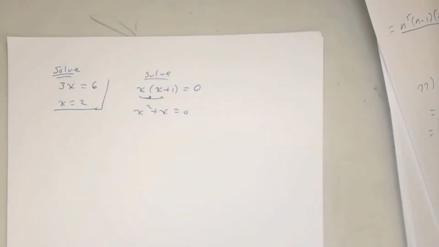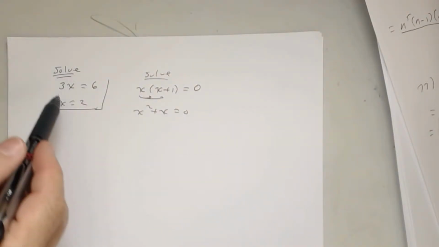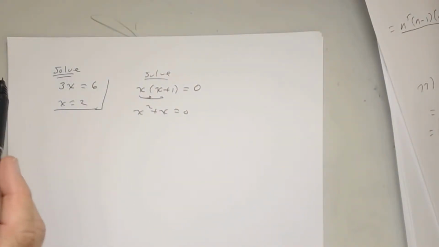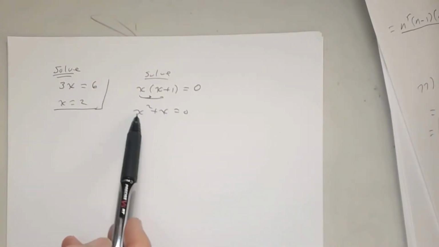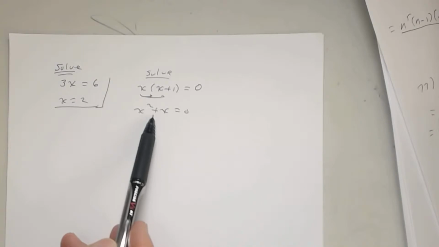And you don't know how to solve a quadratic that looks like that. All you were doing at this point was solving a linear equation, or last semester you also solved linear inequalities. But now when you distribute, you end up with a quadratic equation.